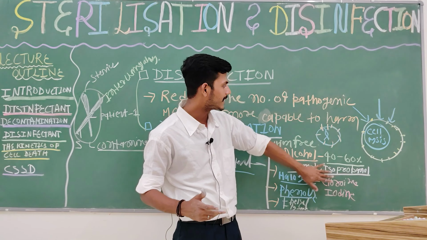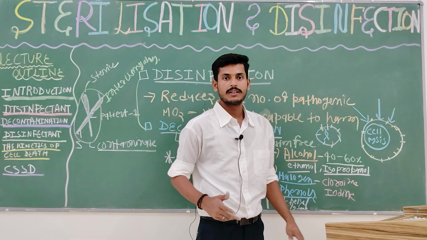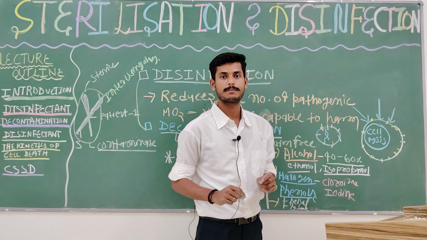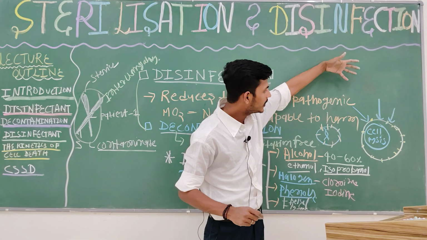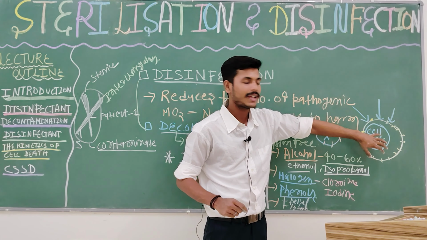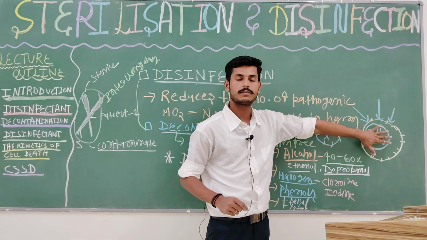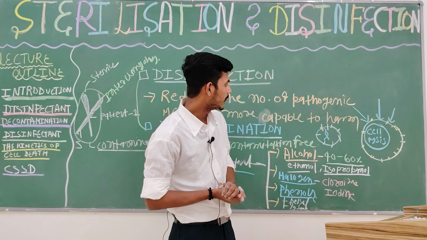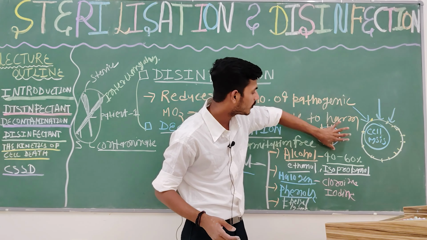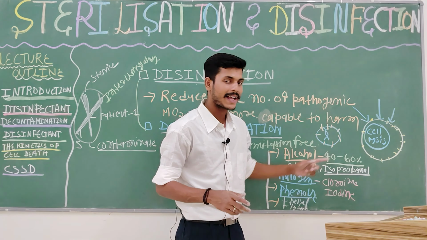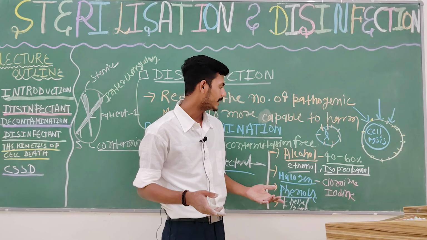Their mechanism of action is that they bind with the cell wall of the bacteria and make it porous, and eventually the extracellular fluid comes inside, the cell swells up, and there is cell lysis, cell death. In the case of viruses, they bind over the envelope and make the viral DNA exposed.